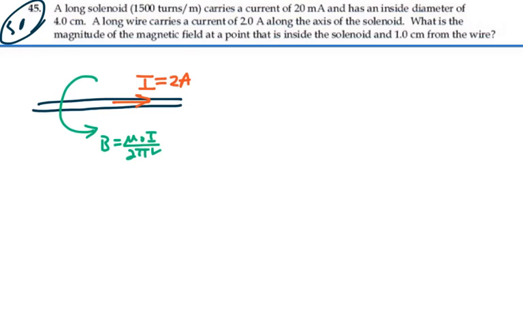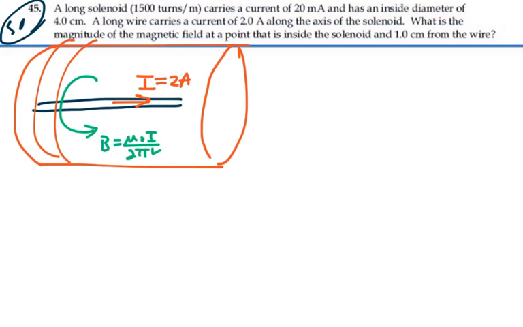Now let's enclose this whole thing inside a solenoid. So the solenoid has currents going through its windings, and hence the solenoid will have a magnetic field along its axis equal to mu naught little n times I for the solenoid, little n being the number of turns per length.